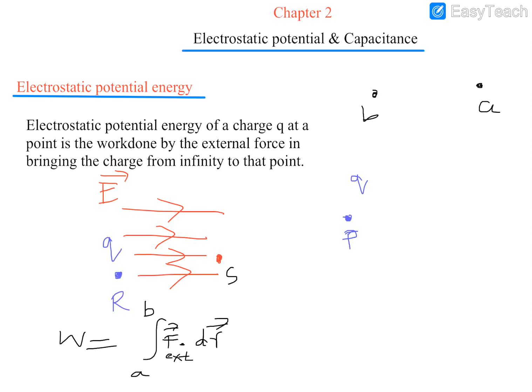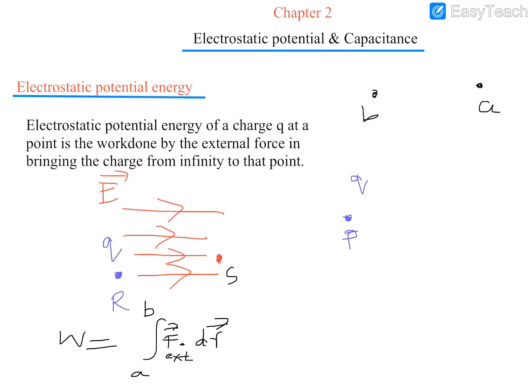Now let us apply the same equation here, so that work done by you. You mean, in order to move your charge plus Q from P to S, let us calculate the work done. Okay, so let us calculate it.